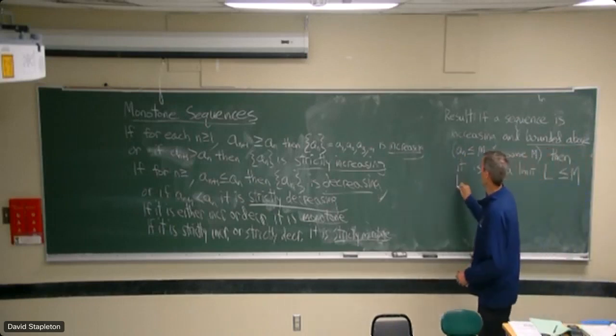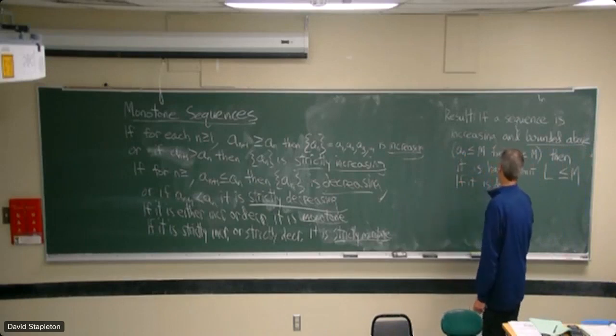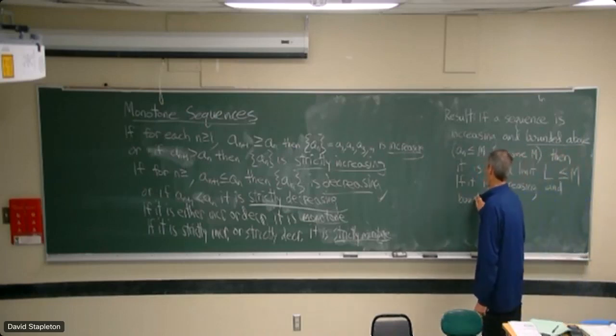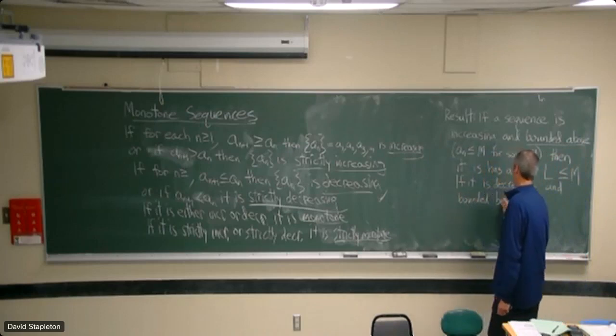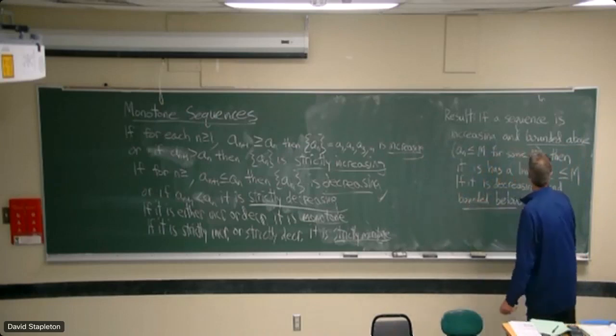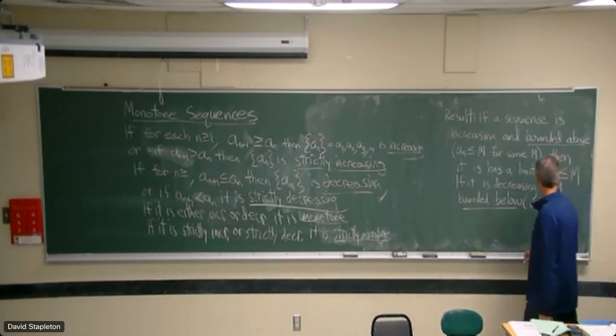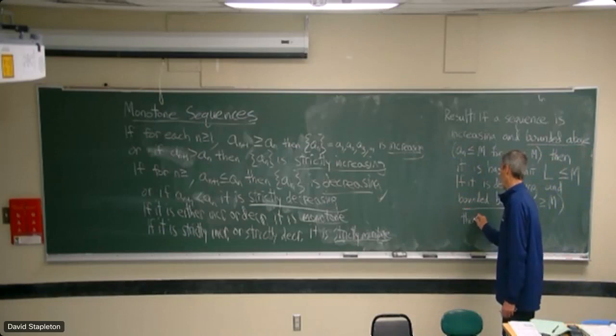And furthermore, if it is decreasing, which includes strictly decreasing, and bounded below, meaning that each a_n is bigger than or equal to some number M, then it has a limit also.